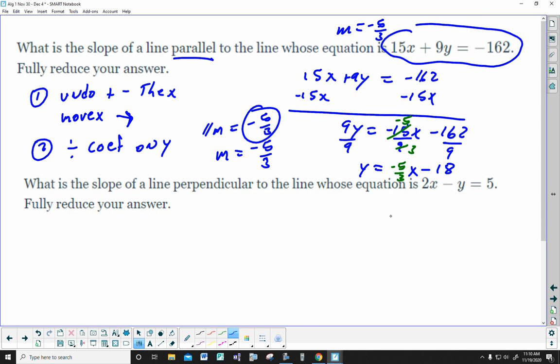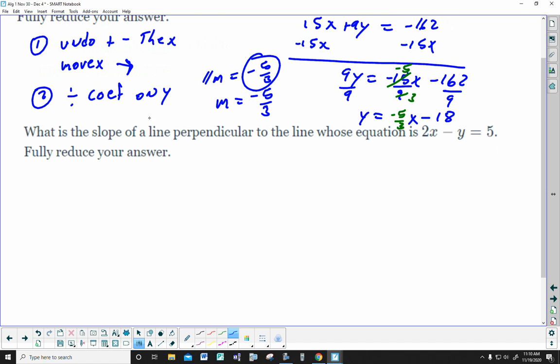Okay? All right. So I said the first thing you do is undo adding and subtracting the x. Move it to the other side. So I have 2x minus y is 5. So I'm going to subtract a 2x because it's a positive 2x. You take the sign that's in front, not the sign that's behind. This sign stays with the y.